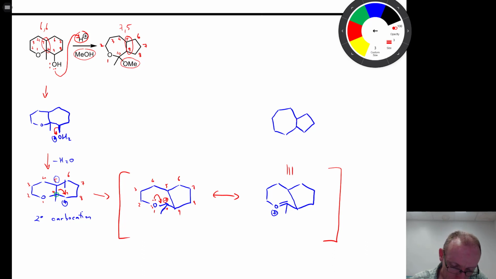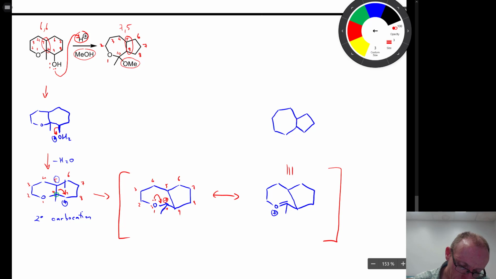So we have an oxygen. Whoops, put that in blue. Okay, at that position there. And we're starting with oxygen as 1 and going around the ring like this. Okay, that 10 position has a methyl group, and we showed it as an oxocarbenium ion.